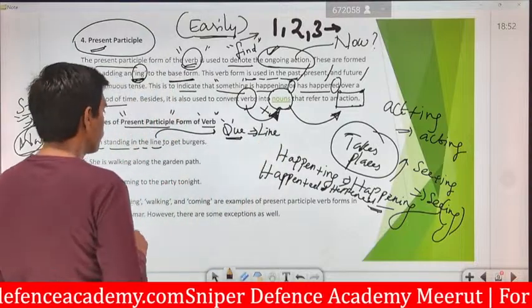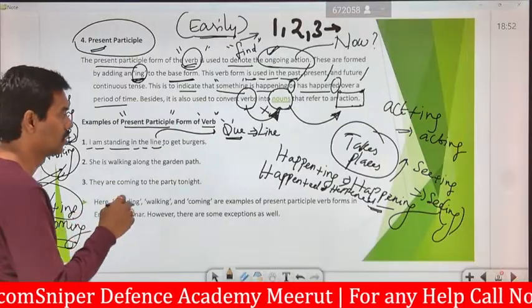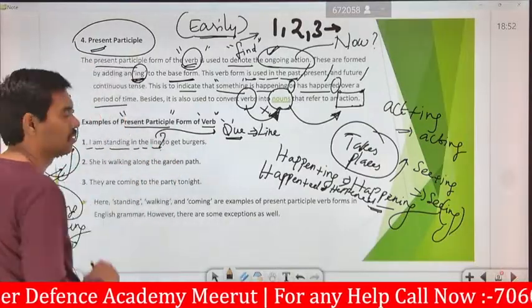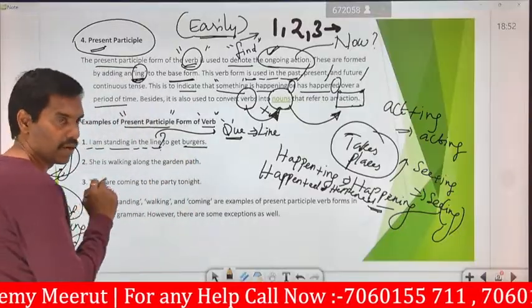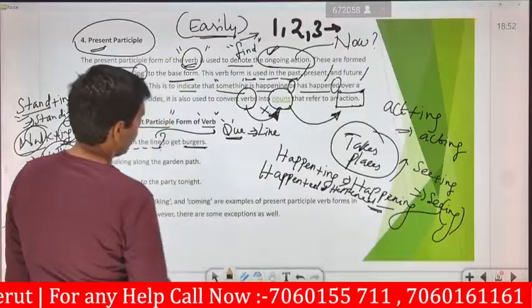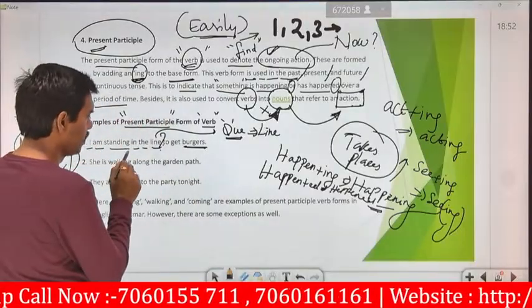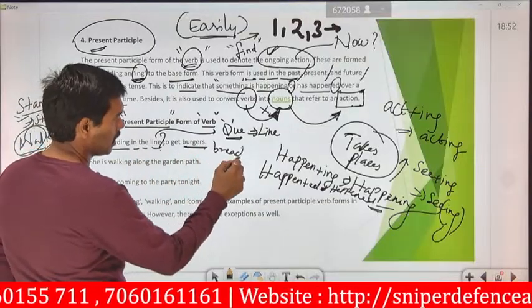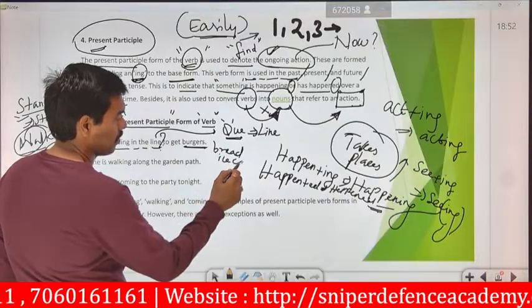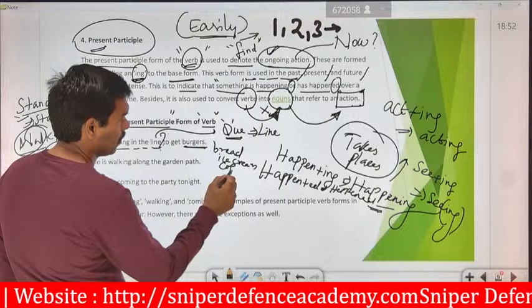Okay. Why am I standing in this line? That is the question. Why are you standing in this line? To get a burger, to get chapati, or to get bread. So I am standing in the line to get bread, whatever it may be, bread, ice cream, coffee.